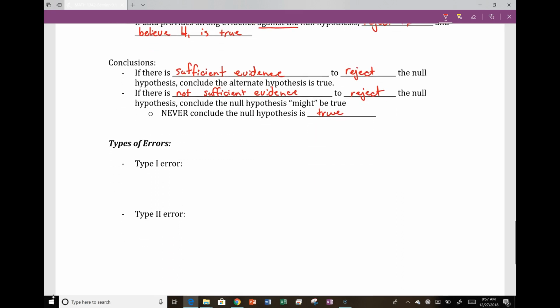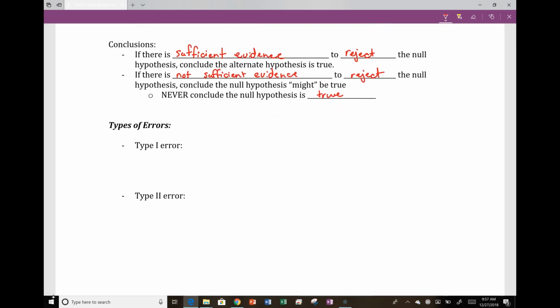With hypothesis testing, there are two types of errors that can occur, just like in a court of law. So a type 1 error is going to be that we reject the null hypothesis when it is actually true.